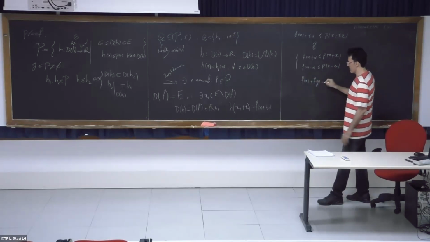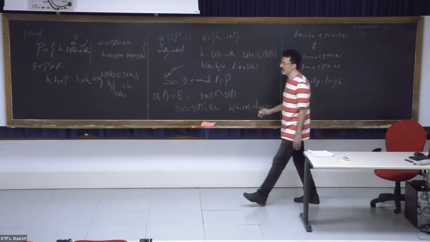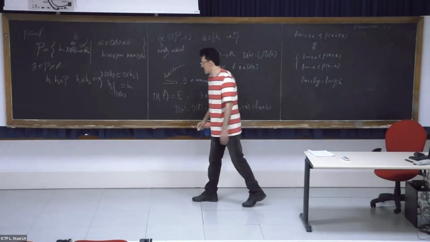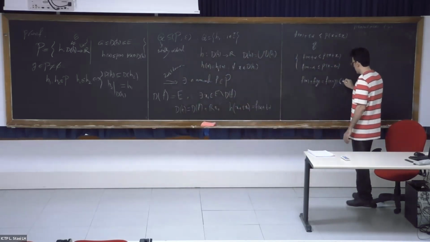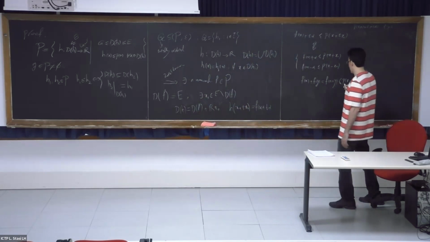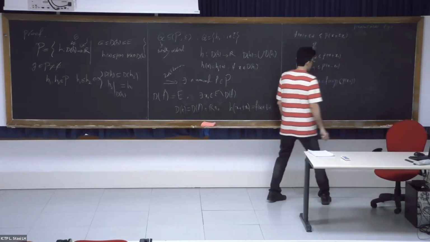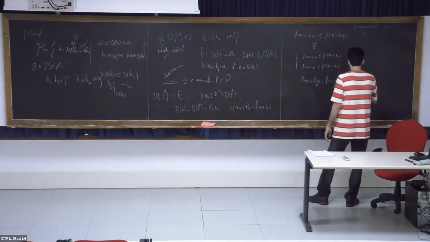So we may write this, and by the sublinearity of p, because we have an element f in P, we have this one, and by the properties of P, we have also this one.